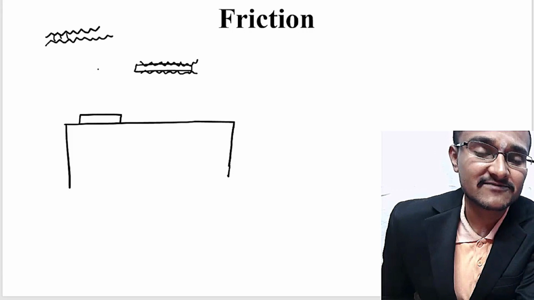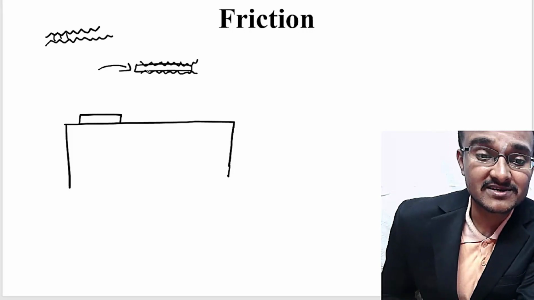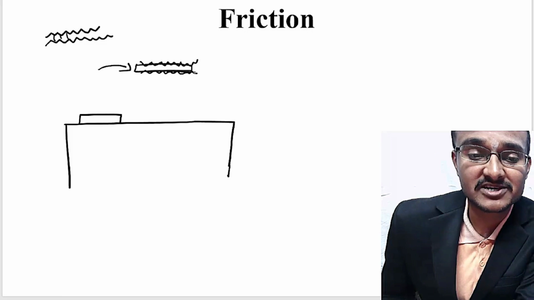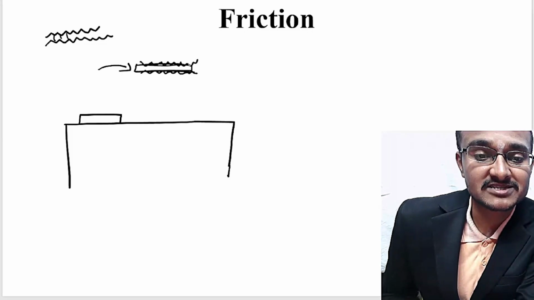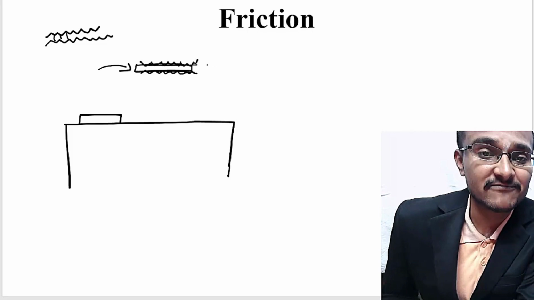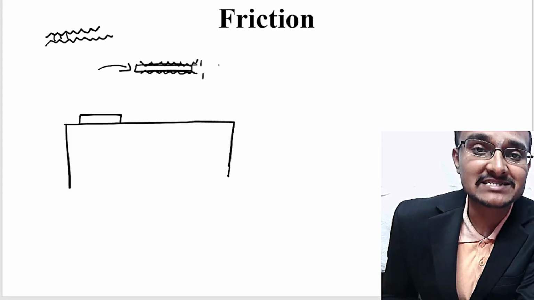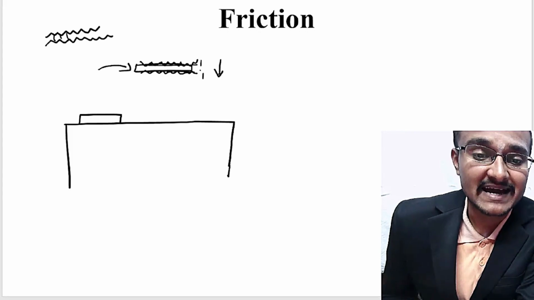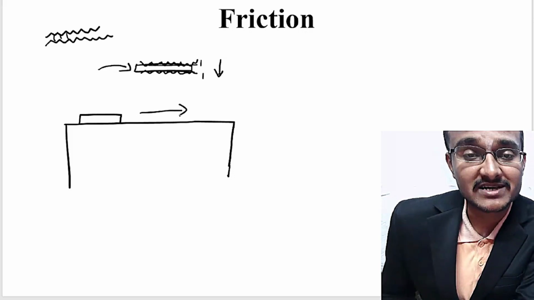The oily liquid applied on the table surface covered the irregularities of the table surface, and it has also covered the irregularities of the object surface. Hence the frictional force generated between this object and the table has got reduced, and hence this object can smoothly move on this table.